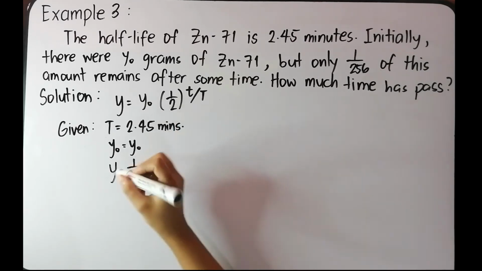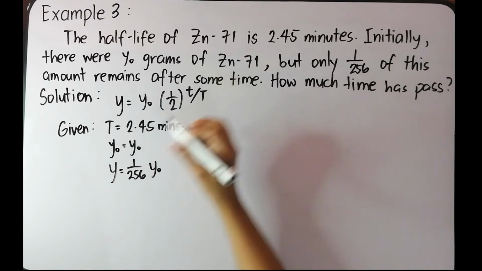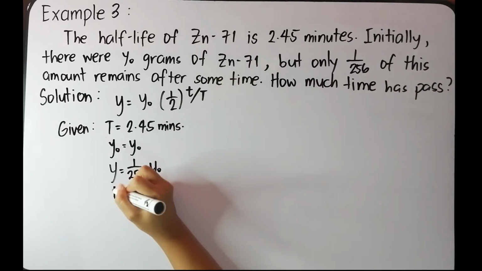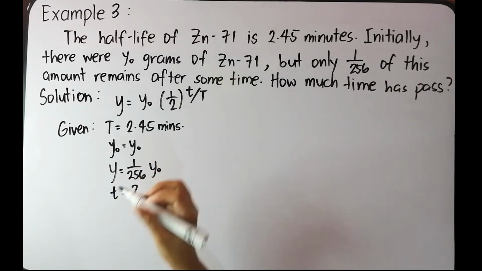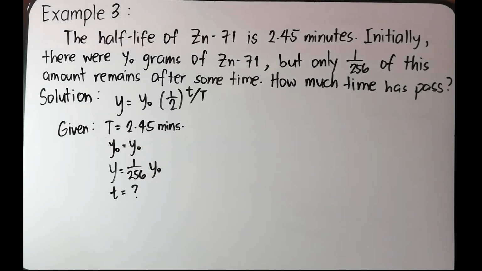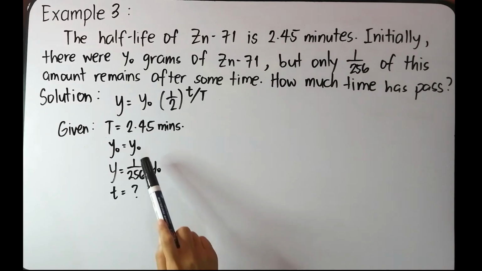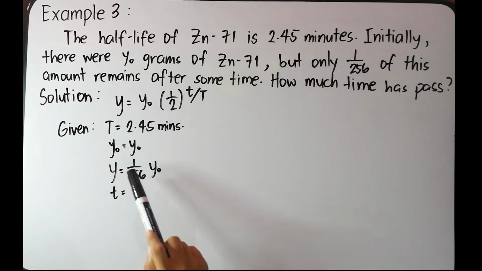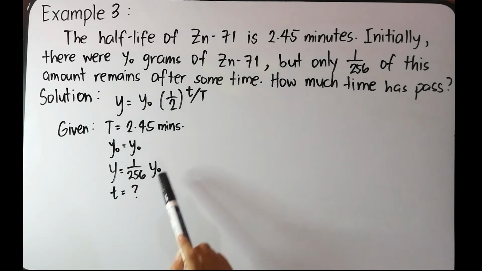Then we are going to find the time or the number of years it takes to have a 1 over 256 y sub 0.